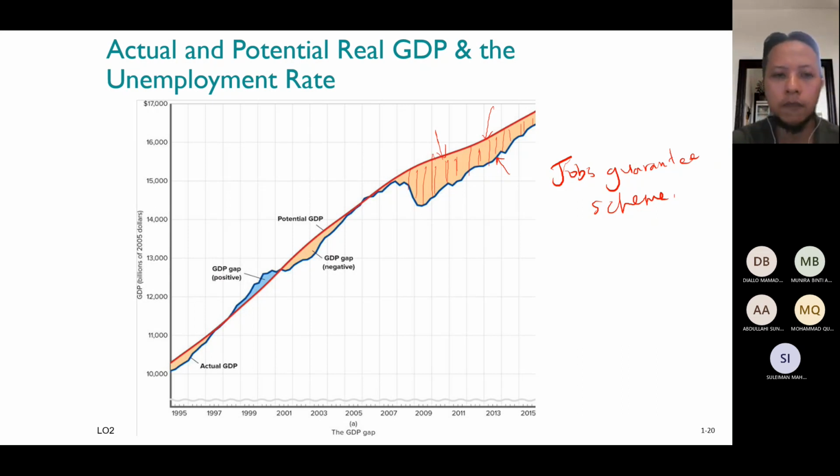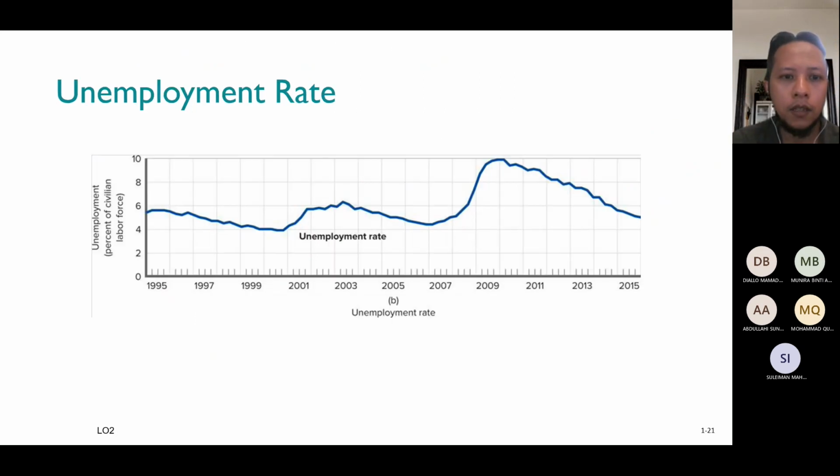Okay, so for example, if people are laid off during the recession, you can then shift these people into more productive jobs. So the government will provide these jobs. Okay, so these are some proposals, a new development. If you're interested in this, you can research the jobs guarantee scheme. Yeah, and this is in the US.